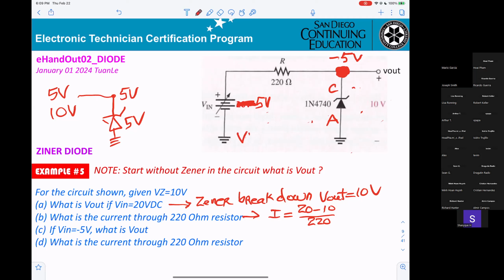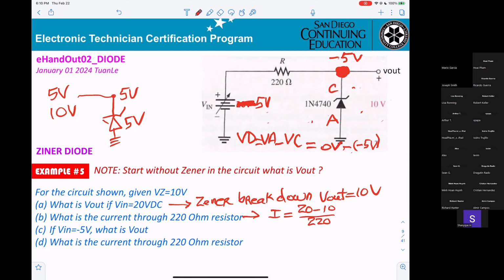So VD equals VA minus VC. What is VA? 0.